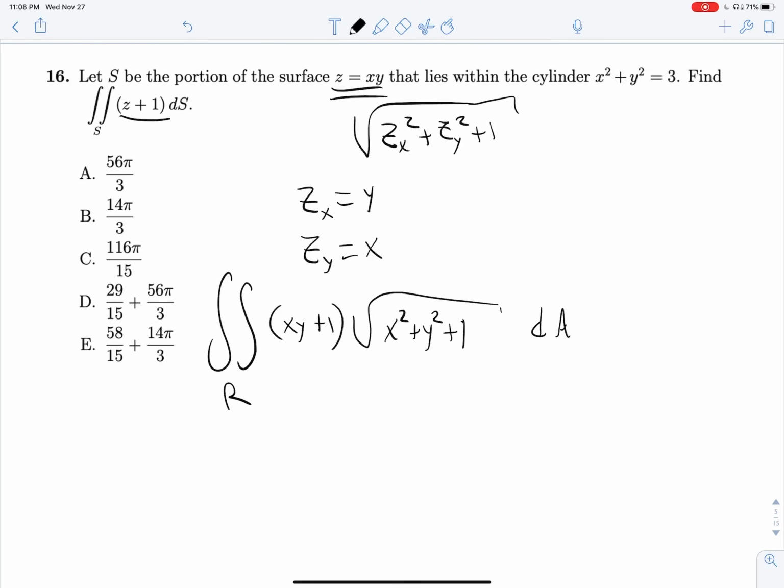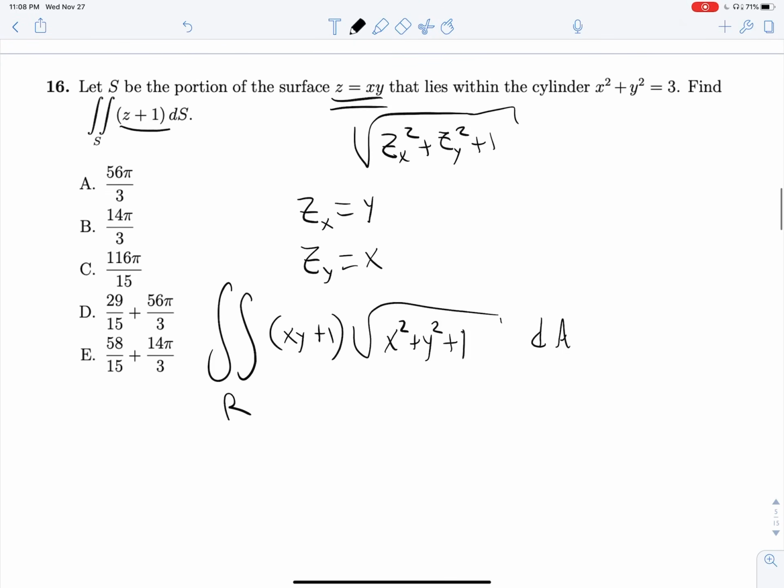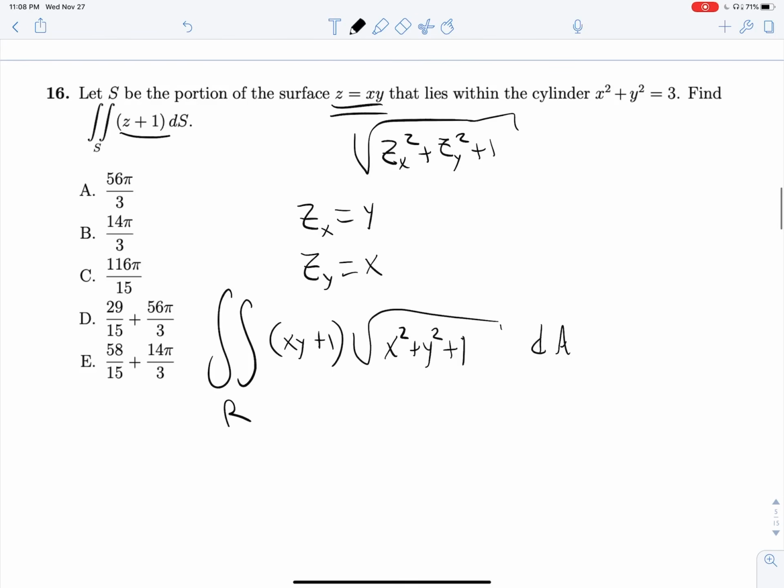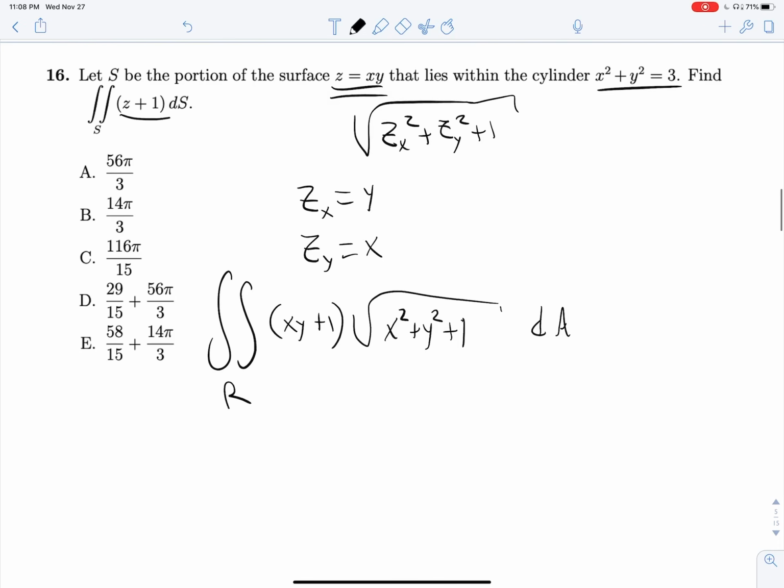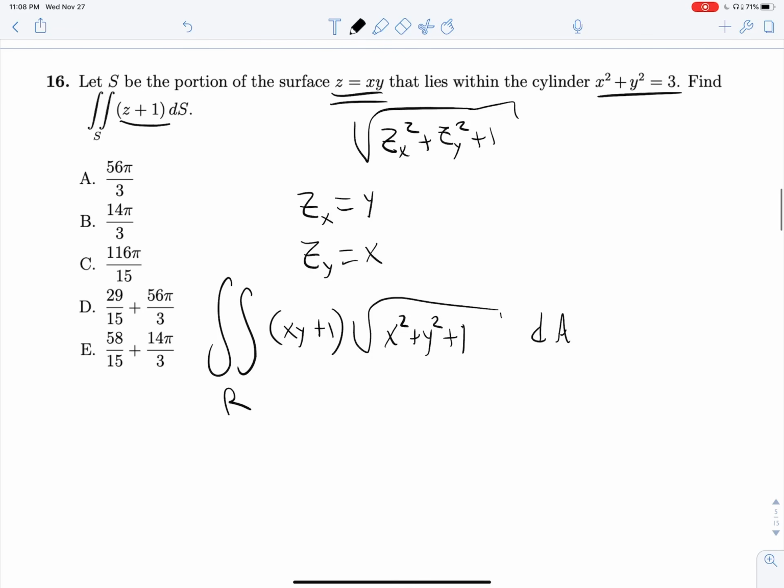So this is looking like a pretty ugly integral, but we know that we're within this cylinder, so we can set this up in polar coordinates because this surface is defined for all xy, and so we are going to take up the entire footprint of the cylinder, which is just going to be a flat circle of radius √3.